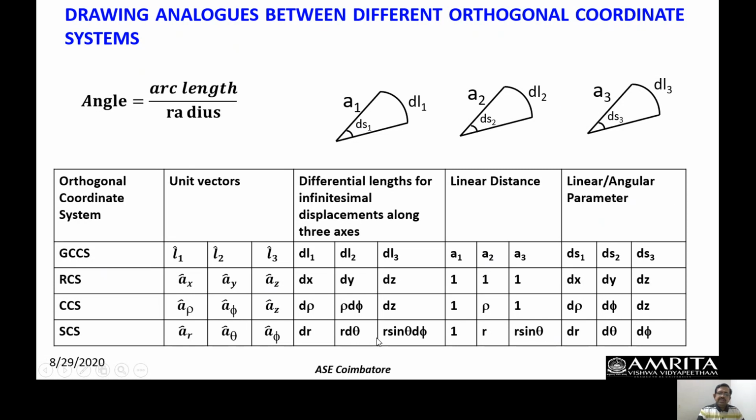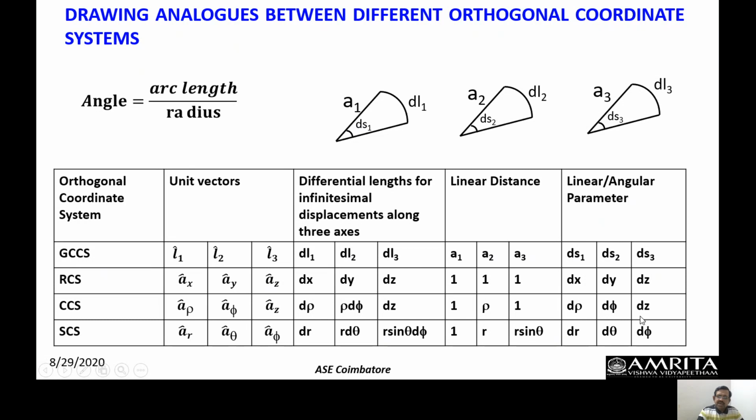Now once you write this, I can just compare these two. If I compare it, dl1 will be a1 into ds1, a2 into ds2 will be dl2, a3 into ds3 will be dl3. Likewise, dx into 1. So all of them are linear parameters, therefore the linear distance is 1 unit.